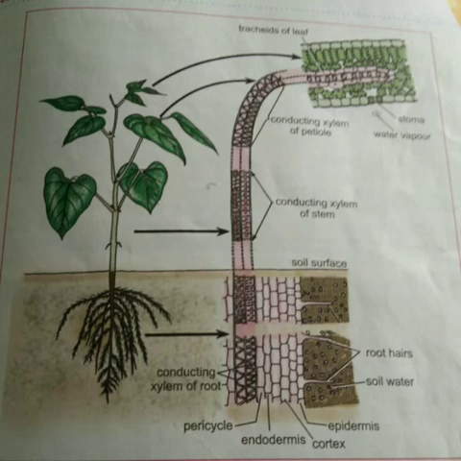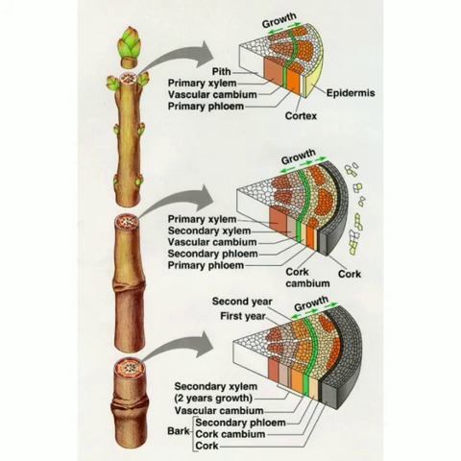Where the branches start, from there you cut the stem, and you see what you'll find is the aerial movement of water. Since you poured the color ink into the water, you'll find the movement of it in the stem.